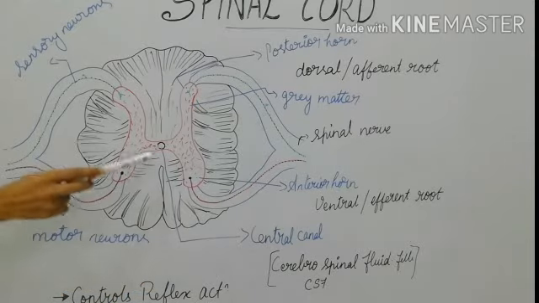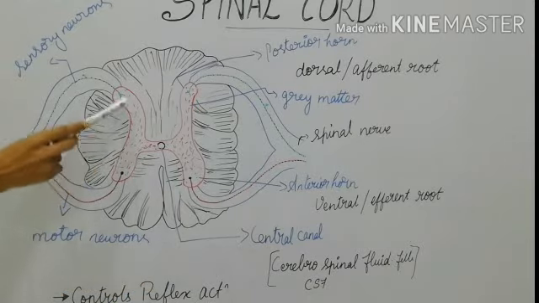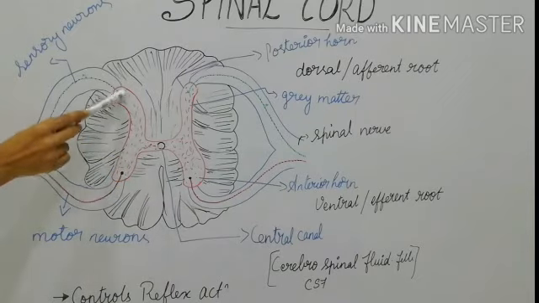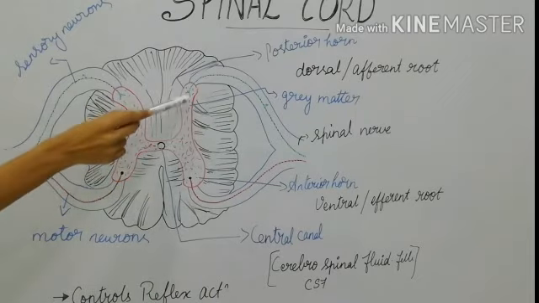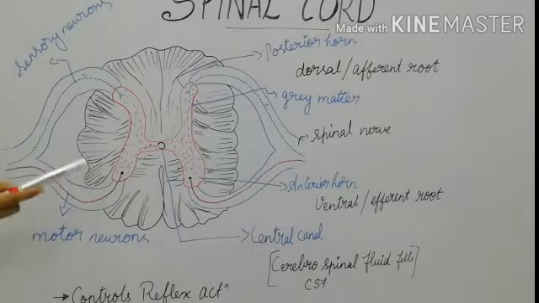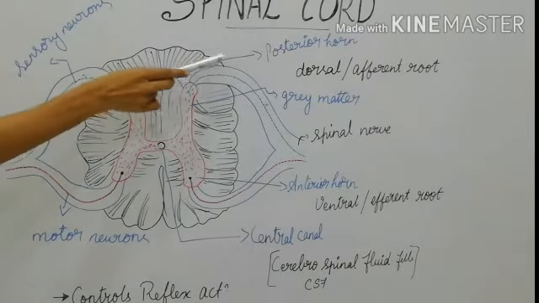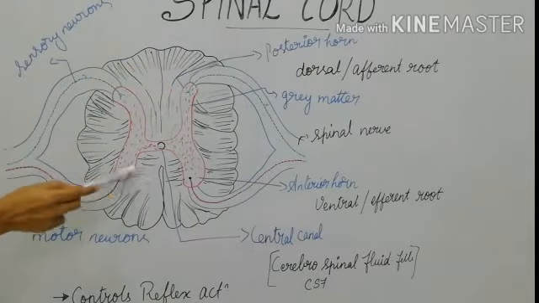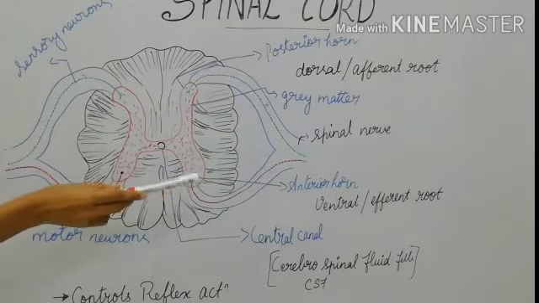This grey matter is H shaped, and it contains four horns. Two horns at the top and two horns at the bottom. The top two horns are called the posterior horns, and the bottom two horns are called the anterior horns.